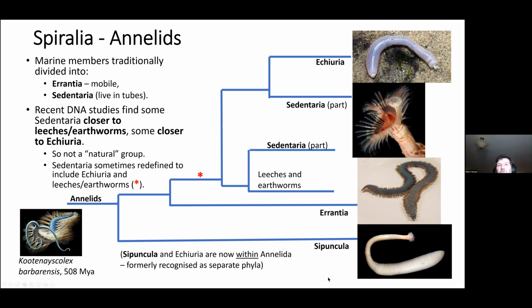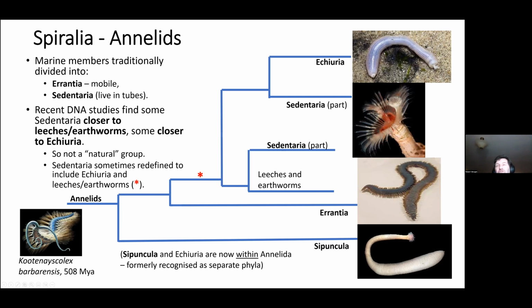But they're now thought to be actually within the annelids. They're thought to be highly differentiated or derived annelid worms, but they all are actually within the annelids, like the leeches and earthworms and the polychaetes you find crawling around on rocks in the intertidal zone.